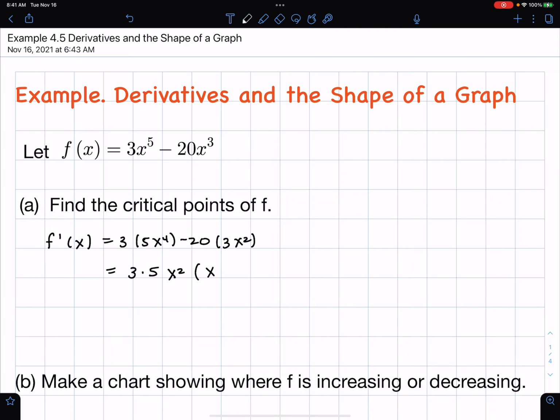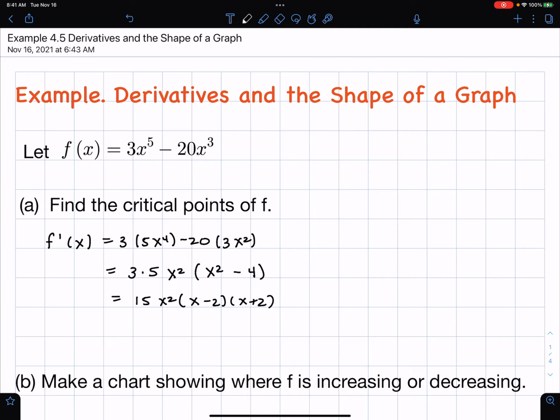So we get x squared right here. And then for the second one, I factored out the 3, and from the 20, I factor out 5. So that leaves 4 behind. And we also factored out x squared. And then this becomes 15x squared, and then x squared minus 4 becomes x minus 2, x plus 2 in my factorization. So that's the derivative factored.